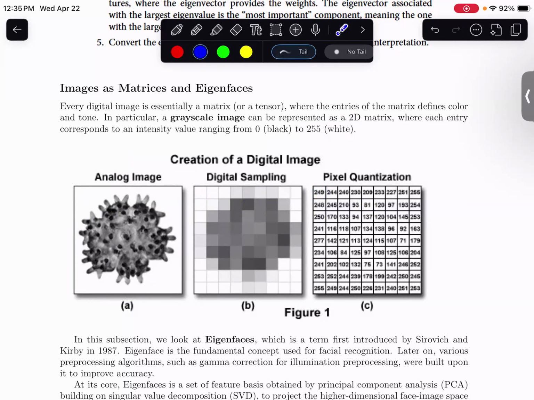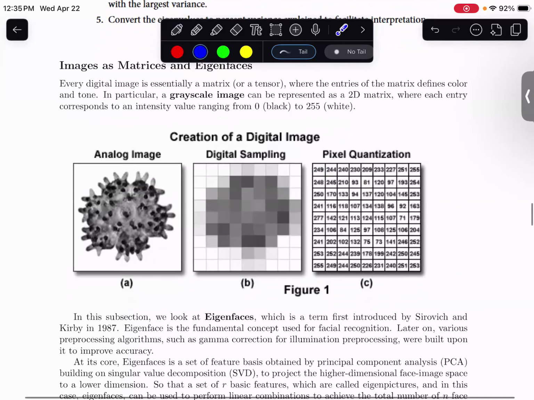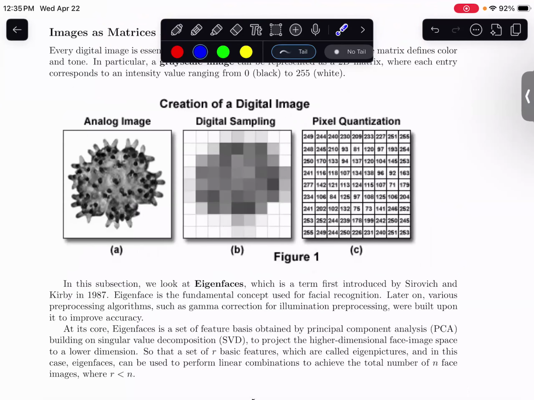If you have more pixels, it means you have larger matrices. So you need larger matrices, and thus more computation, in order to work with higher resolution images. That's the idea being explored in Eigenfaces a little bit.